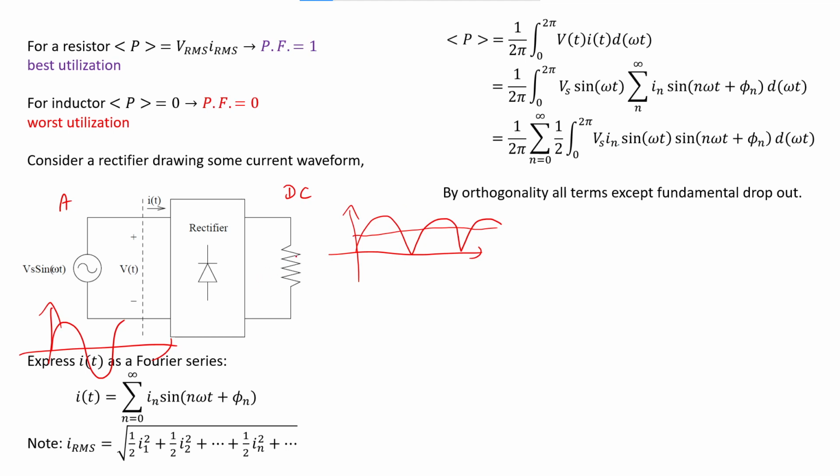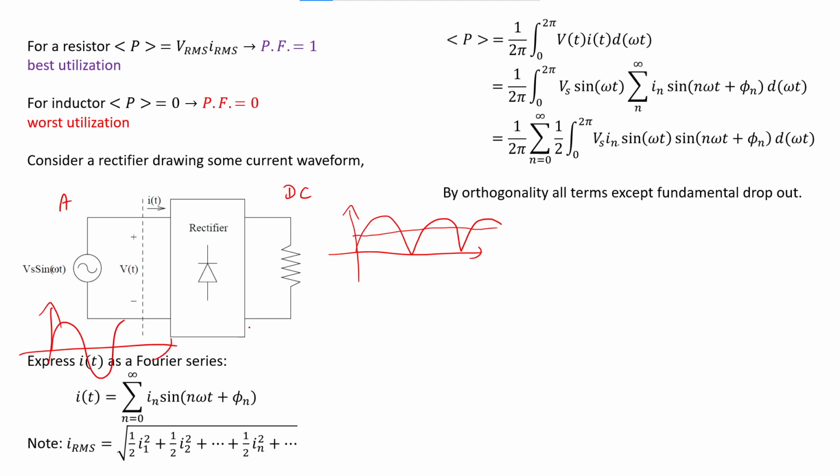The current at the DC side is periodic steady state, periodic, so we can use Fourier series to interpret it. This is just a way to compute the distortion.